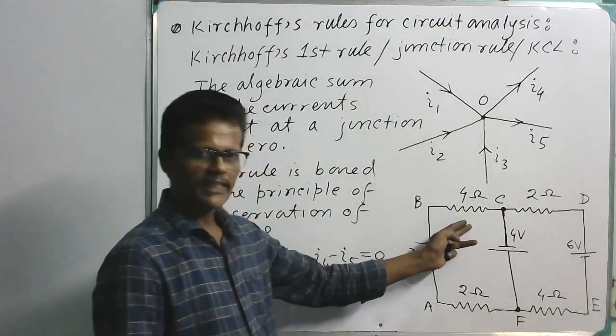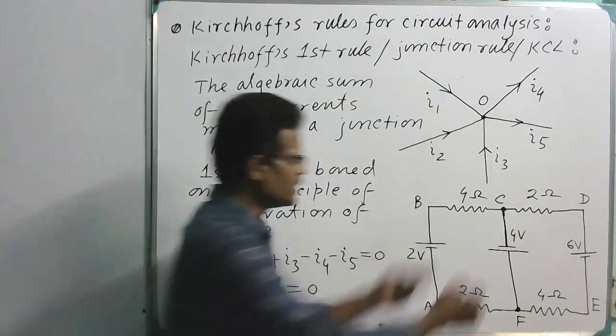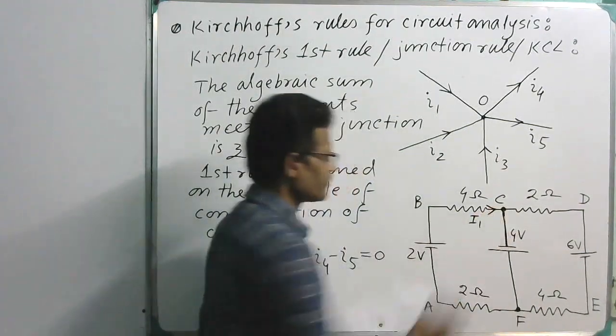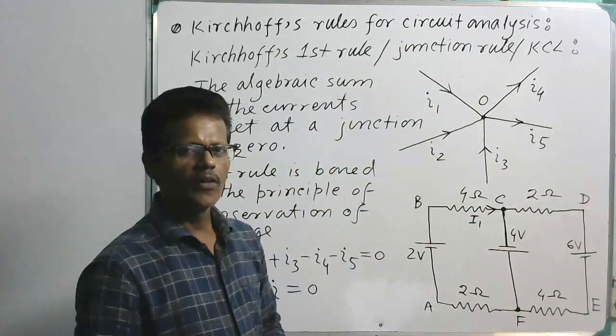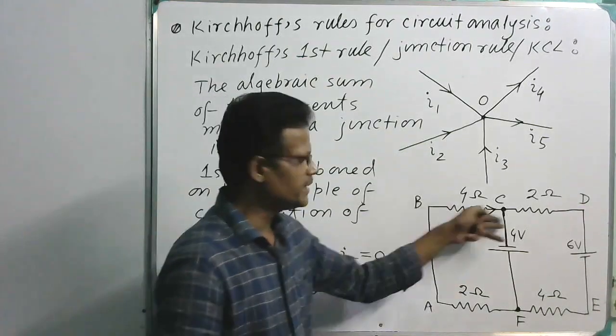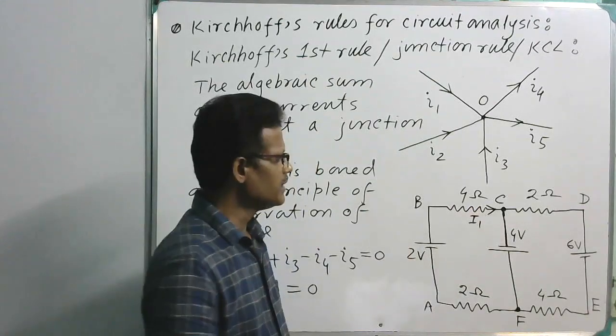Here in this circuit, suppose current is entering, say, I1. There is no fixed rule. It may be entering or it may leave that junction.